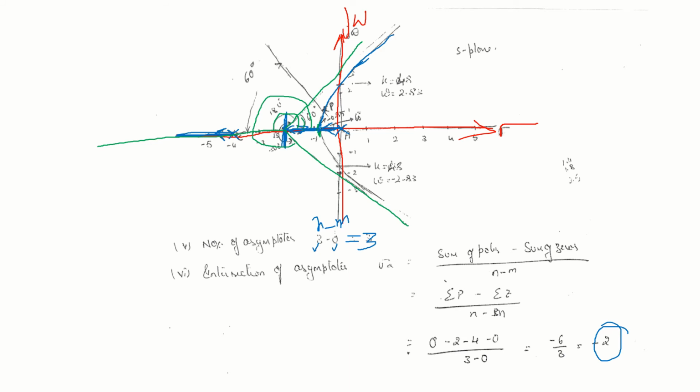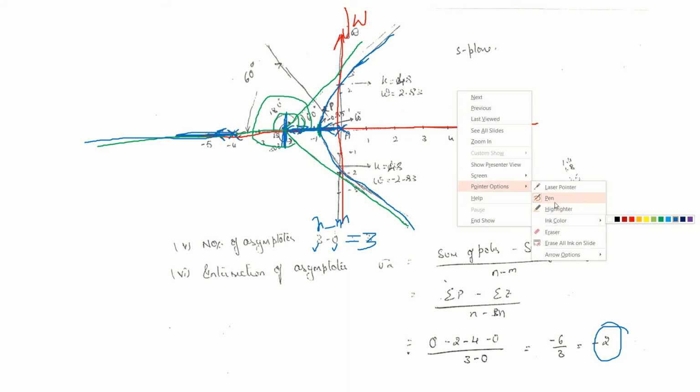So one root locus will go like this, another root locus will go like this. And third locus is along this asymptote it will go. Okay, it is assumed that this root locus will meet this asymptote only at infinity. This will meet at infinity. So go on becoming closer to this and draw it out. Okay, let me do that.